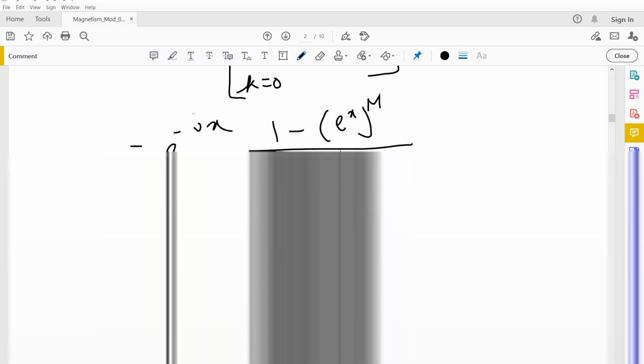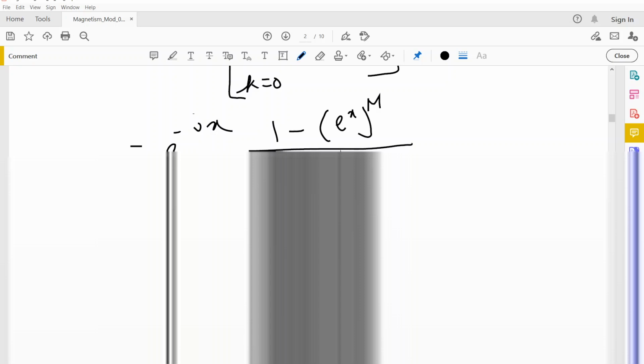And we want to differentiate the partition function with respect to x. You can see the only place x appears is here, so we keep the sum as it is, and we differentiate this quantity.